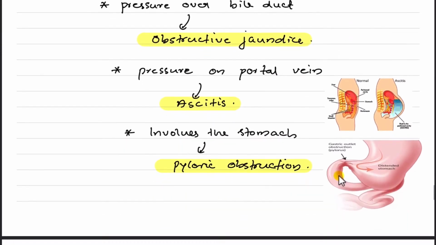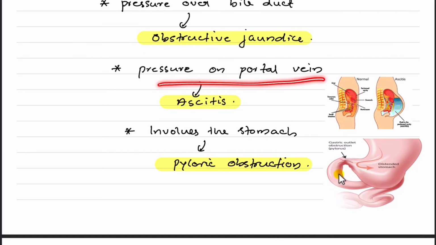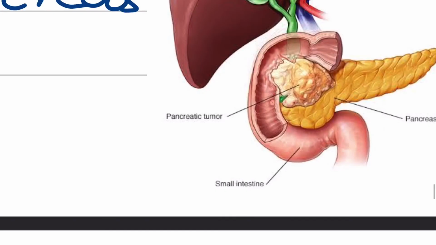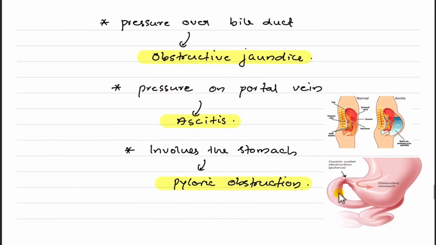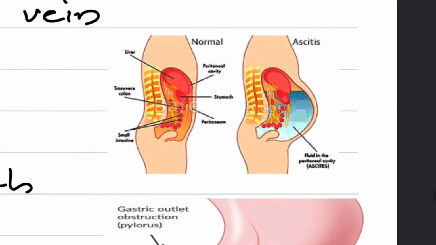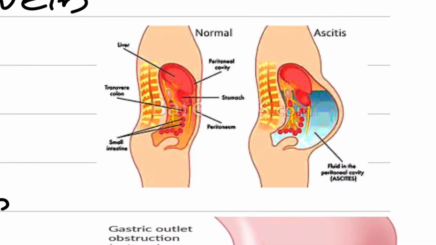Okay. Next, the pressure over the portal vein can lead to ascites. You know the portal vein is formed here by the superior mesenteric and splenic vein. So cancer here leads to portal hypertension, which can lead to ascites. See, ascites means the fluid accumulated in the abdominal cavity.